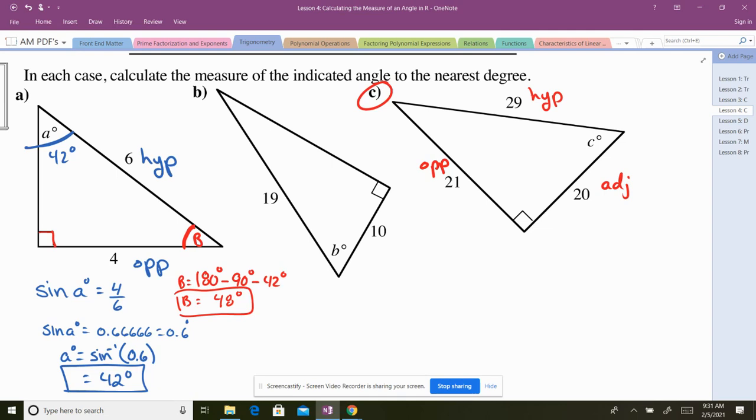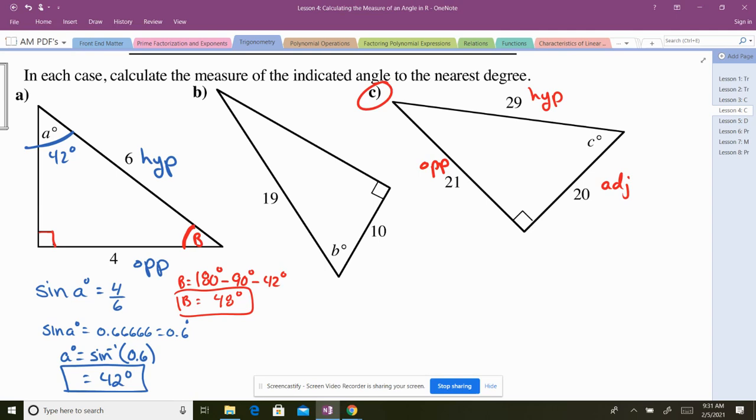Let's do this: everybody on this side, I want you to use sine. Laney, what do you want, cosine or tan?